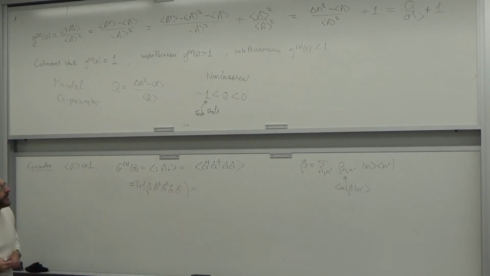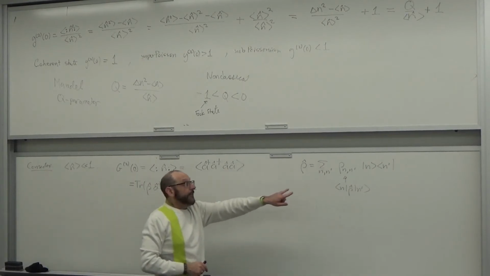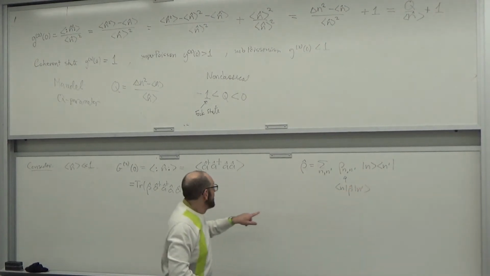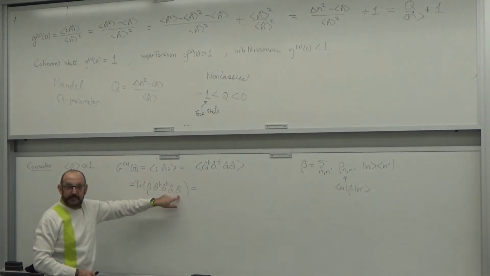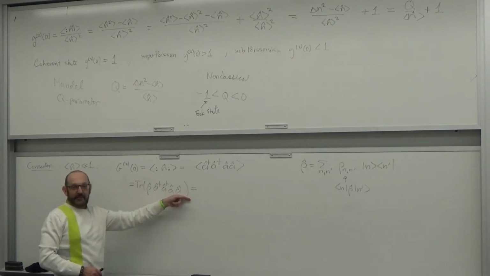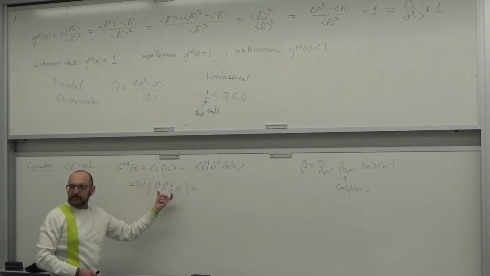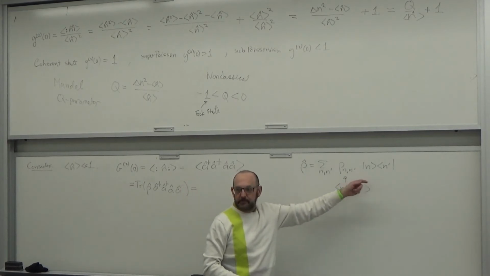Now when I take this expectation value, only the diagonal elements contribute, right? Because this thing will annihilate 2 photons, and this thing will create 2 photons if it acts on the right. So only when n equals n prime do any of these terms contribute.